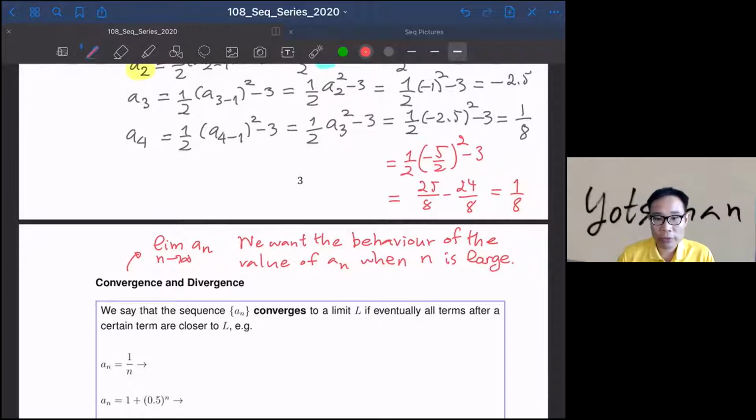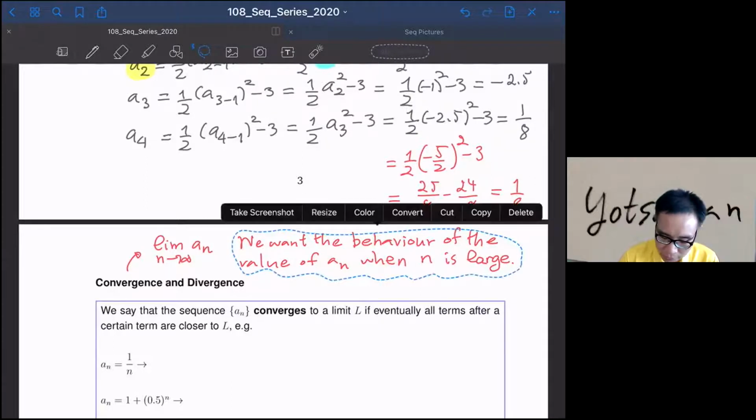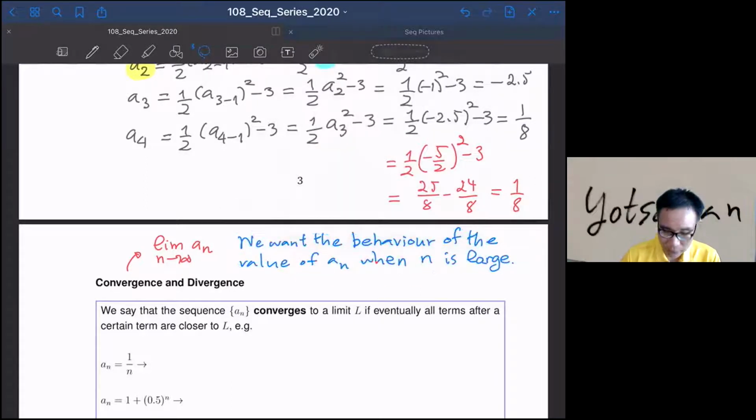We want the behavior of the value of a_n when n is large. This is what we're going to do for infinite sequences, and this is the thing we're going to spend time studying.